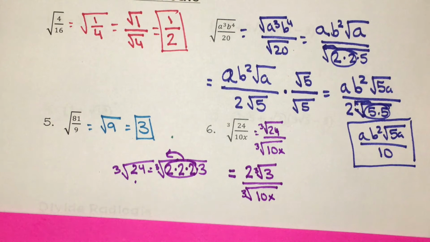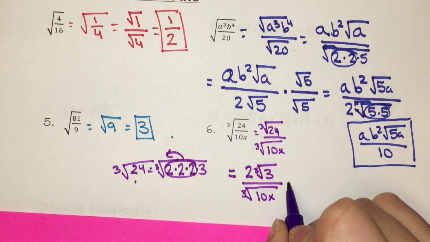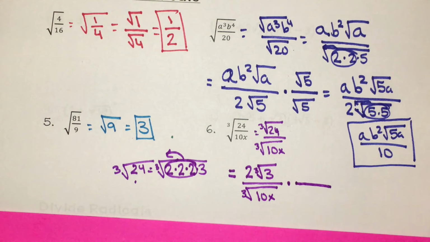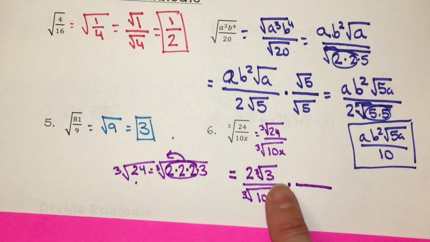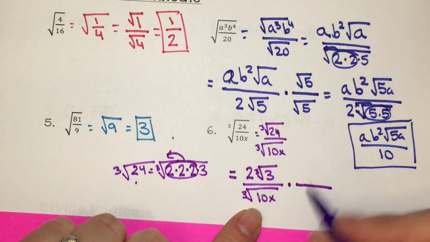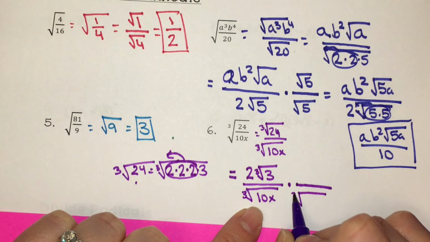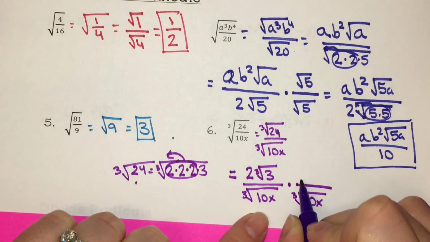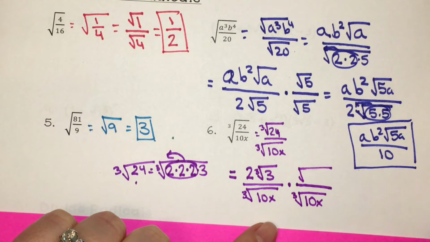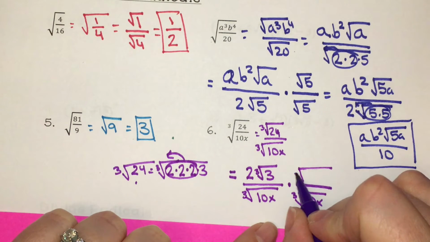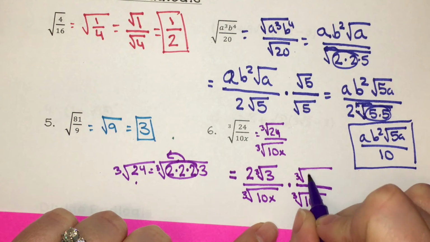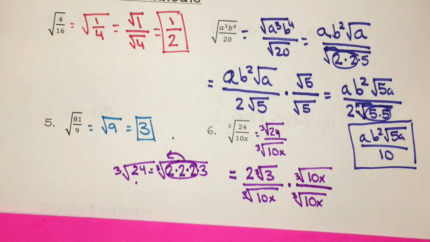But remember, I said you can't have a radical in the denominator. So normally you're just going to multiply, as I did up here, the denominator by itself. But if I just multiply top and bottom, anything you do to the one, you have to do the other. So the cube root of 10x over the cube root of 10x is just 1, and that's why you can multiply it by itself.